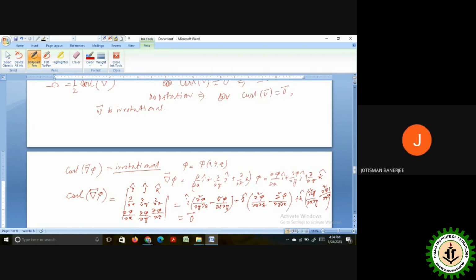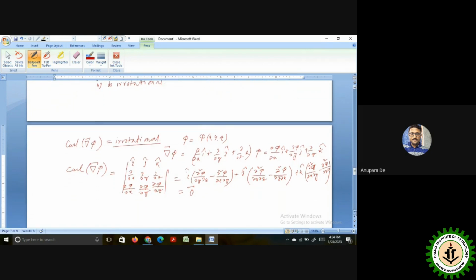Yes, sir. So curl of grad phi is always zero. Basically, if you have a scalar surface, from where will you get a rotation? There is no rotation. And this is a vector where I got curl of grad phi equal to 0.